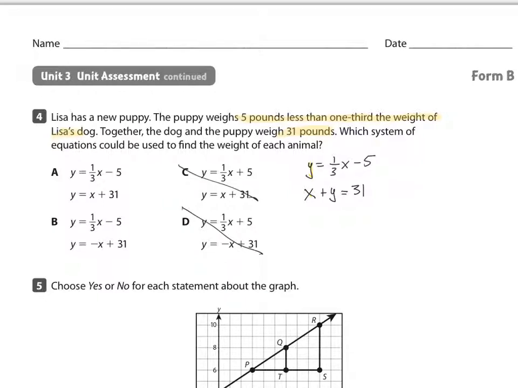Okay? Now, the second equation is not written like that. So what we're going to do is we're going to leave the y by itself. So we're going to subtract x from both sides. And now you get y is equal to negative x plus 31, which gives you option B.